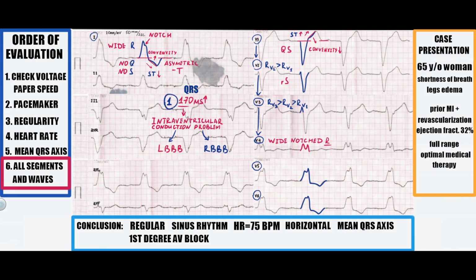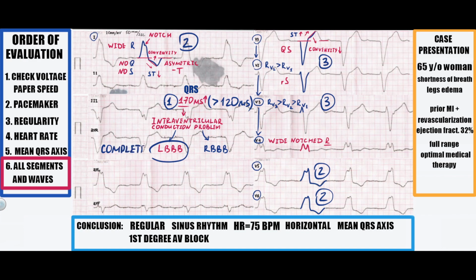So a longer than normal QRS, wide notched R wave with descending ST segment depression and up-oriented convexity with a negative asymmetric T wave in left leads, and QS or RS followed by ascending ST segment elevation with down-oriented convexity in right chest leads, indicate left bundle branch block. If the QRS duration is more than 120 milliseconds, left bundle branch block is complete.